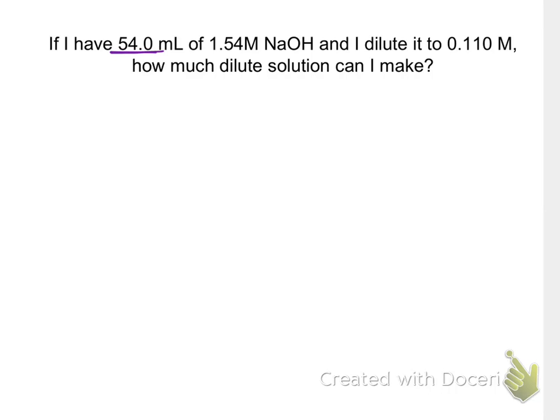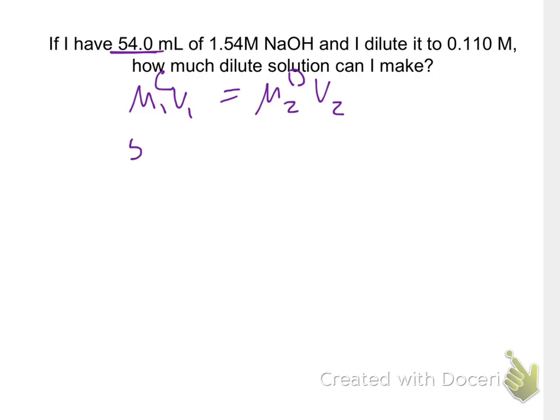I know what its concentration is, and I want to know how much I can make and whether I'm better off just making from solid. So if I take M1V1 equals M2V2, and it doesn't really matter whether it's the concentrated one on this side and the dilute on this side or vice versa, as long as the concentrated M and V are together.